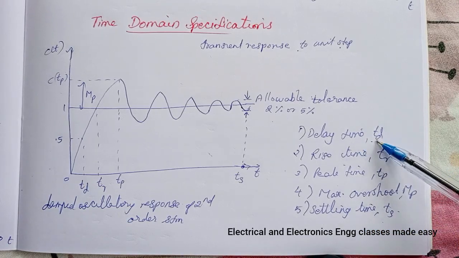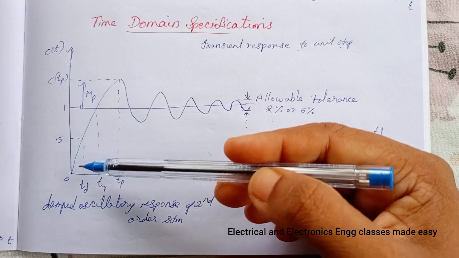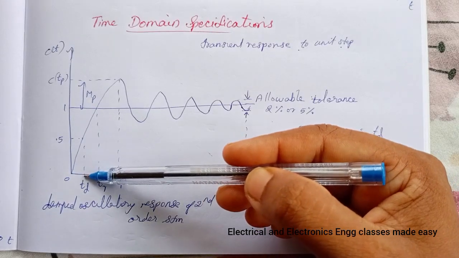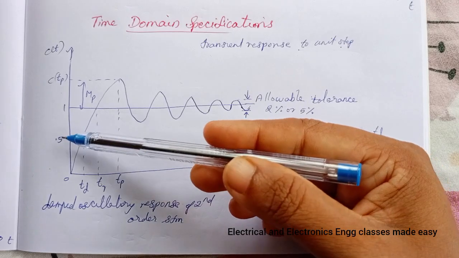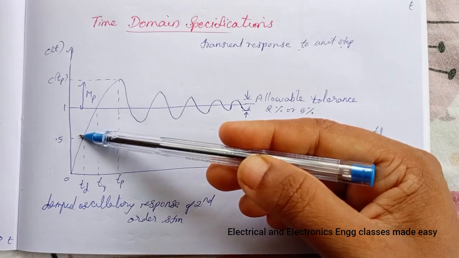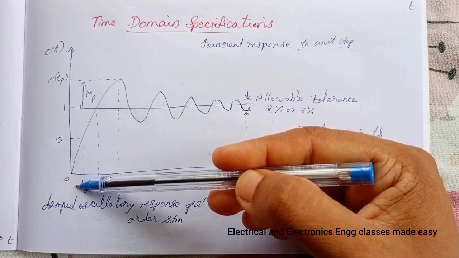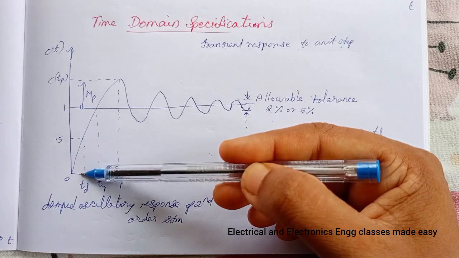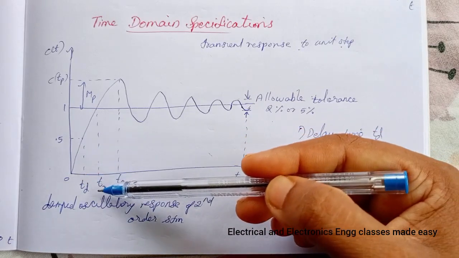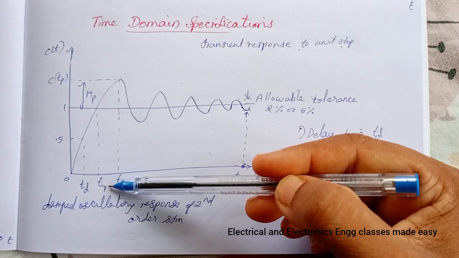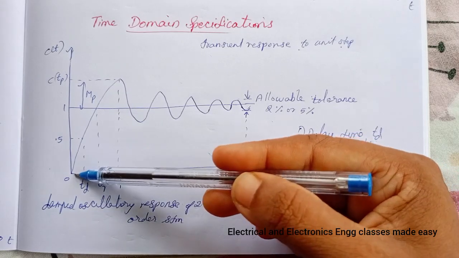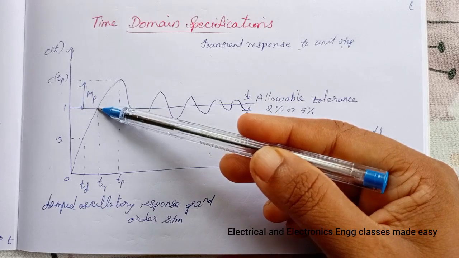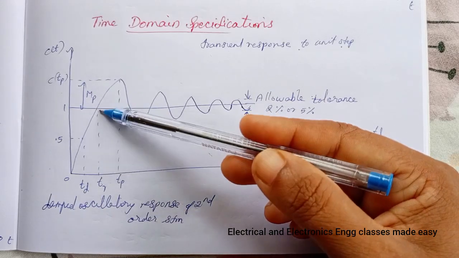Delay time TD: what is delay time? It is the time taken for the response to reach 50% of the final value for the very first time. Then rise time TR. It is the time taken for the response to rise from 0 to 100% for the very first time.